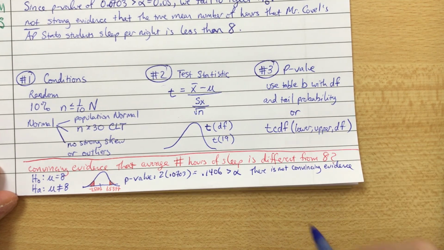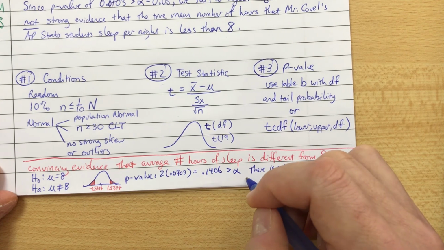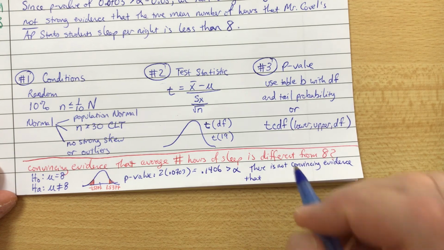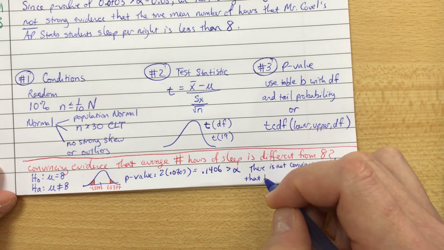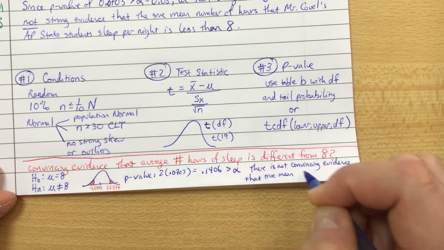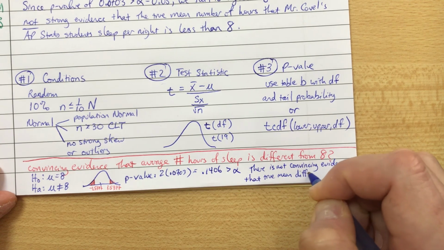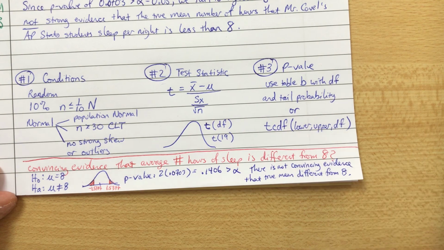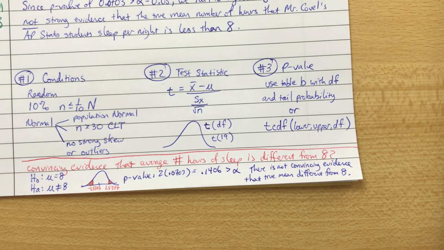There is not convincing evidence, and I'm out of space, sorry. There is not convincing evidence that the true mean is different from 8. So it's just the way that I'm phrasing it. And that is the end of part 4.